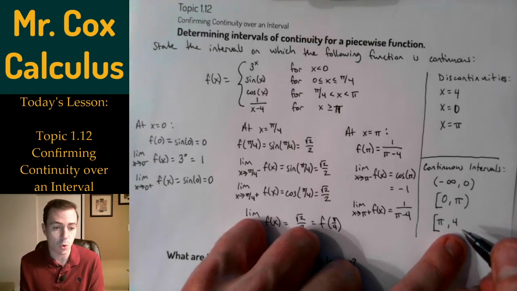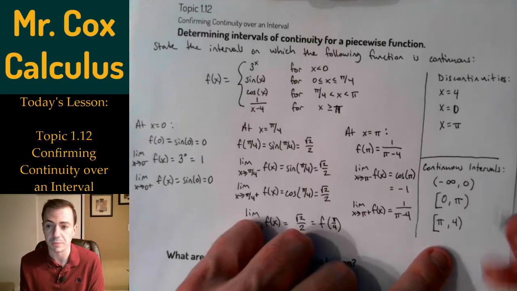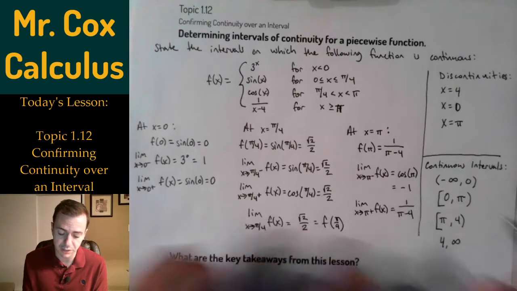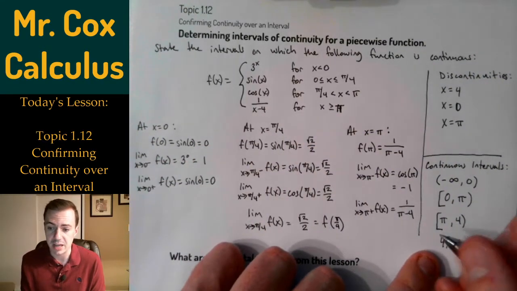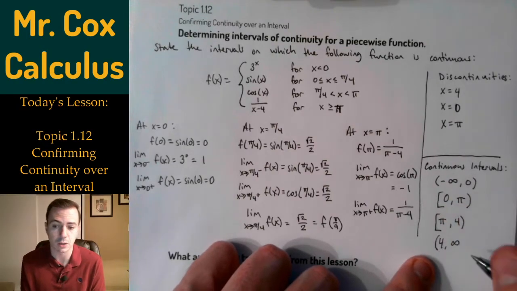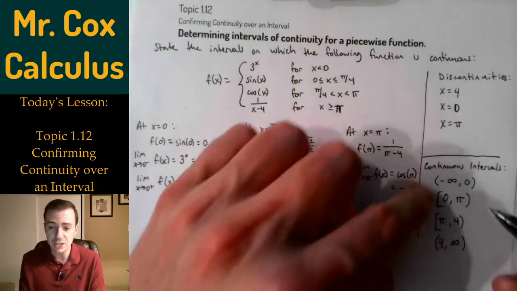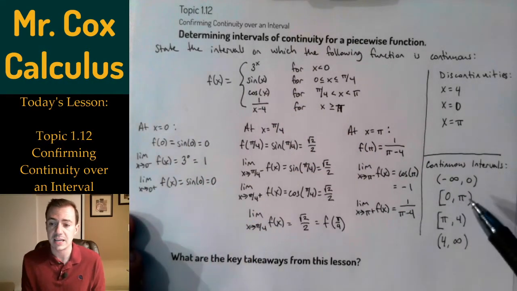Now, f of 4 is simply undefined, and so that's going to be open. And then from 4 to infinity, I also know that this piece of the function stays continuous. Again, f of 4 is undefined, so I can't close it off, and we don't ever close it off with infinity.